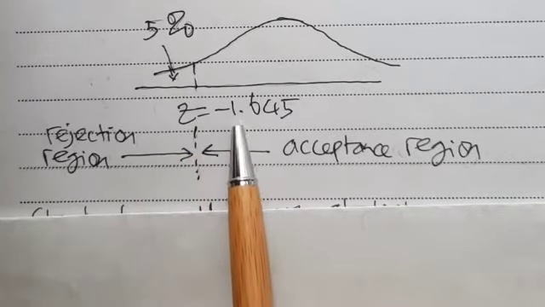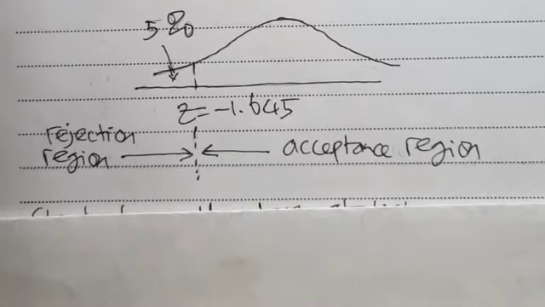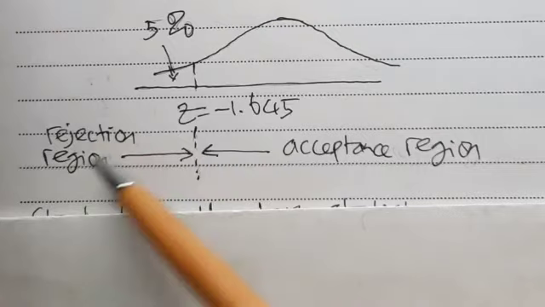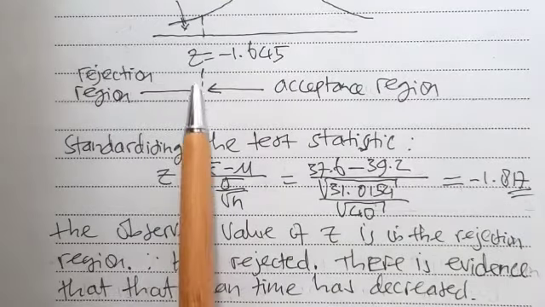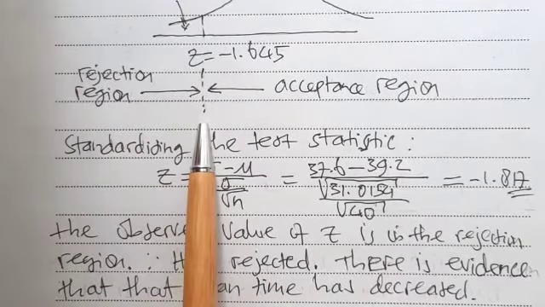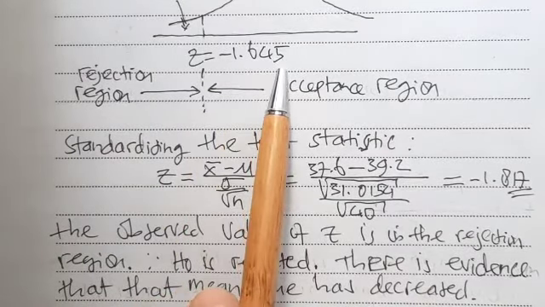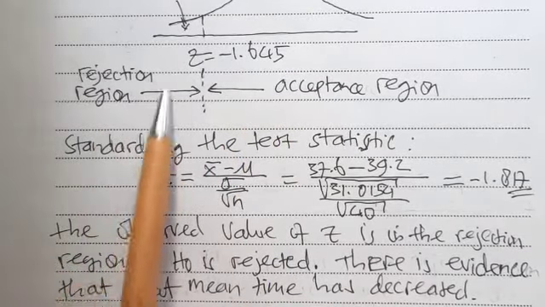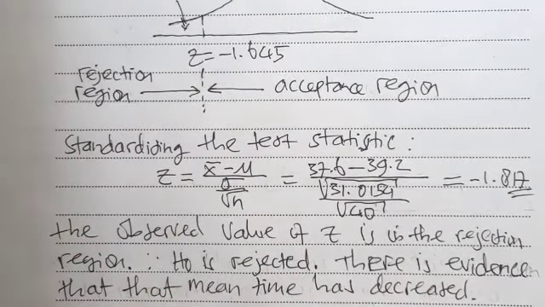This separates the rejection region and the acceptance region. If z is less than minus 1.645, then that is the rejection region, and in this other area, that is the acceptance region.